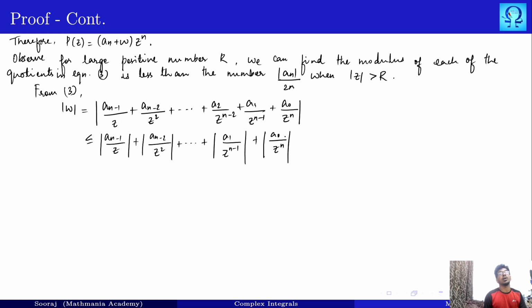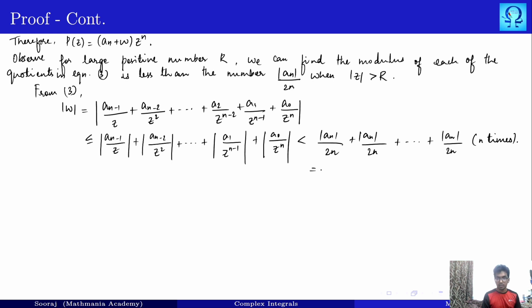So if you notice, what we have said here is that all of this quantity is lesser than absolute of an upon 2n. So all these quantities are to be replaced with absolute of an upon 2n plus absolute of an upon 2n, and so on. This is happening for n times.